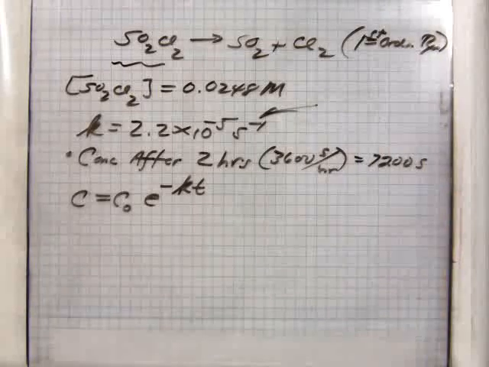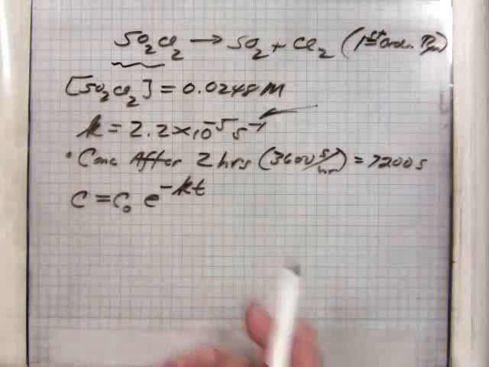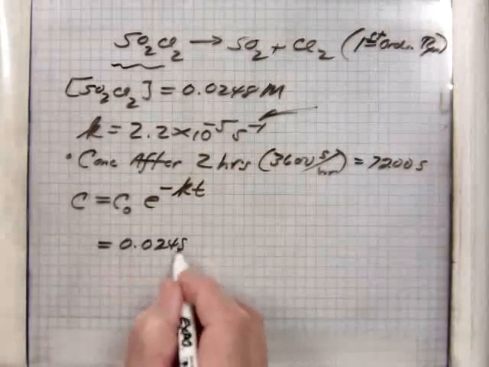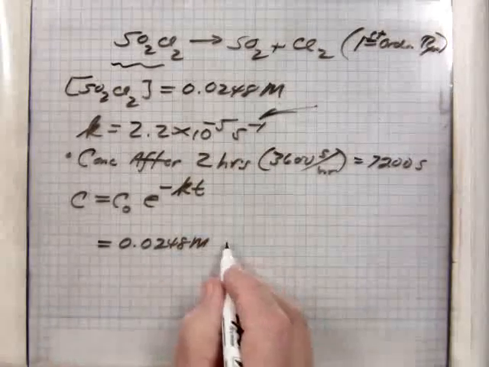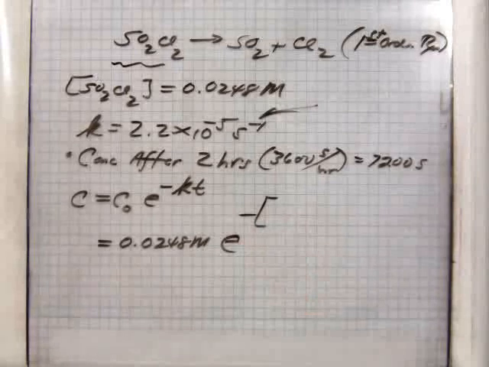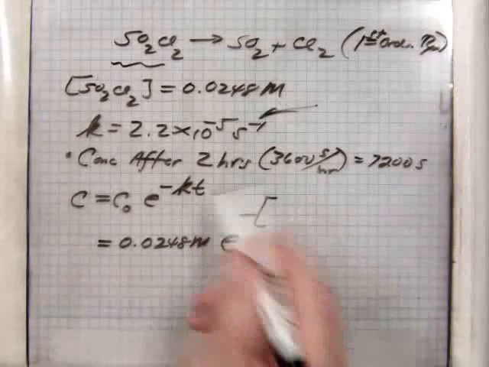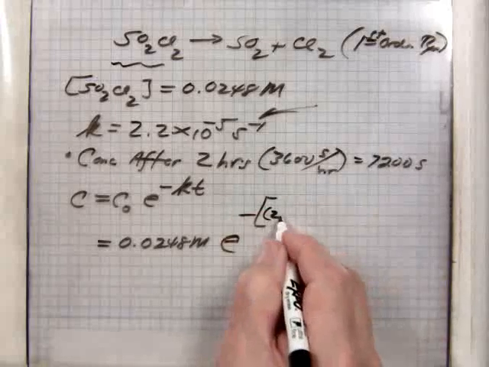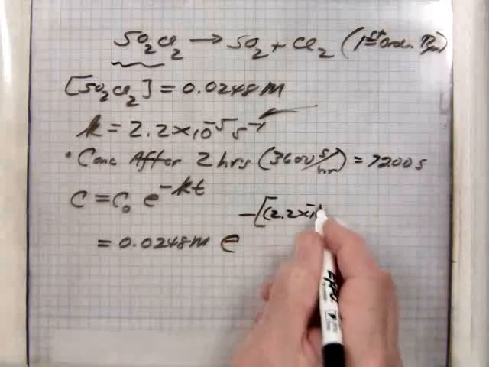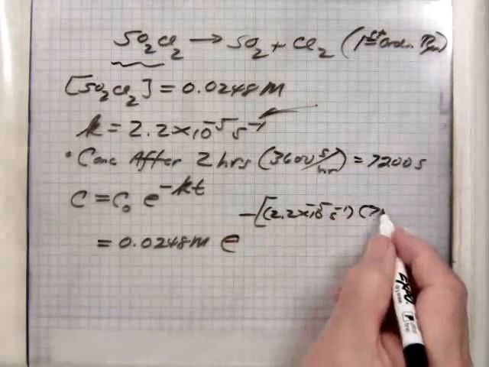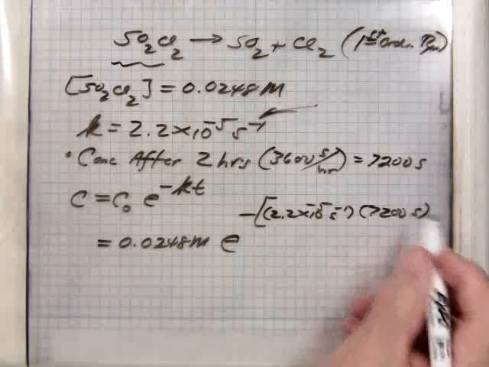So we want common units in this. So it's just simply substituting: 0.0248 mole per liter, and e to the minus. Now I suggest students first starting out with this, bracket this, and put these two in parentheses: 2.2 times 10 to the minus 5 reciprocal seconds, seconds to the minus 1, times 7,200 seconds, like this.